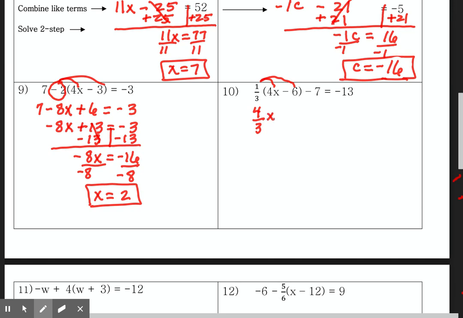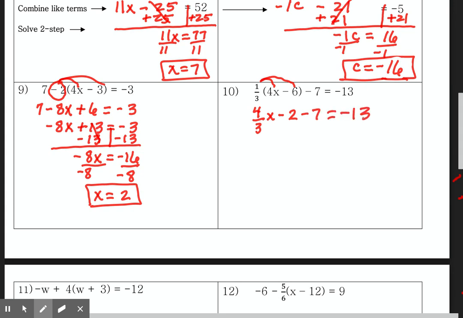Now, 1/3 times -6. You could put this in your calculator if you wanted to, but I'm just going to show you a way without using your calculator. You just take 1 times -6, which is -6. -6 divided by 3 is -2. And then bring down your -7 equals -13.